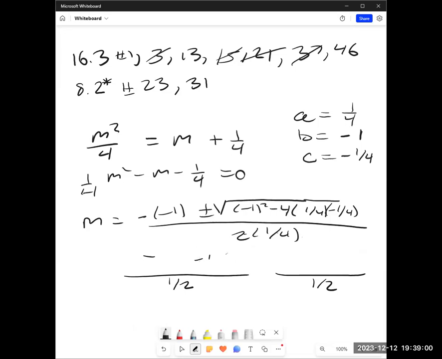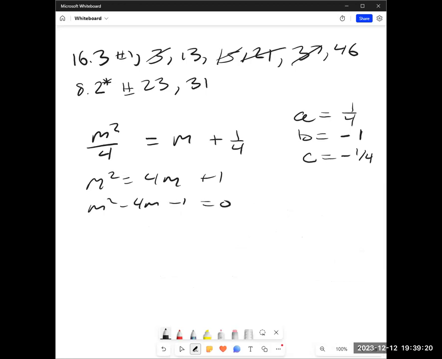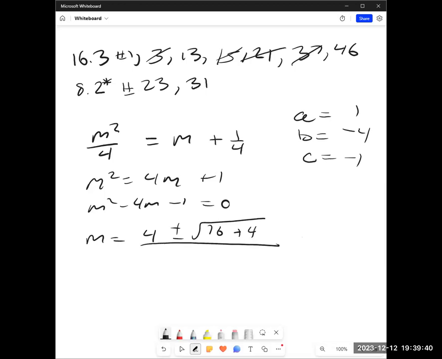If I had multiplied through by 4 to clear my fractions, and have gotten m squared equals 4m plus 1, m squared minus 4m minus 1 equals 0. Let's change these numbers over here: 1, -4, -1, and m would be equal to negative b plus or minus root b squared minus 4ac all over 2a.